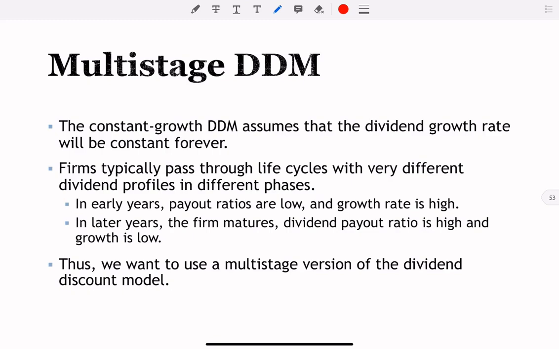And as this firm matures, you would observe that generally its dividend payment will increase, and its growth will become lower. So this tells us we need a multiple stage version of this dividend discount model to account for the possibility that a firm could have different growth rates at different stages.